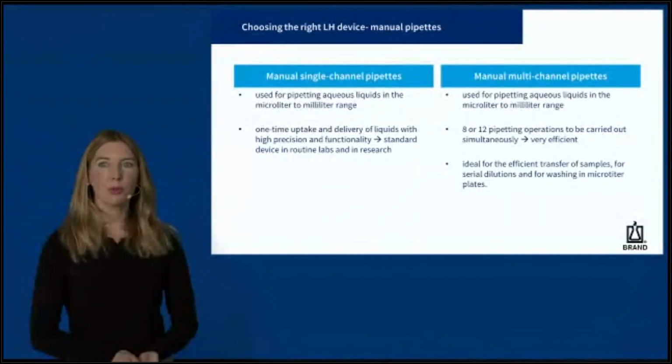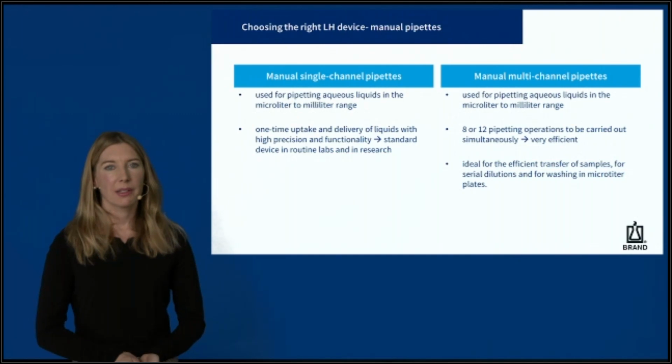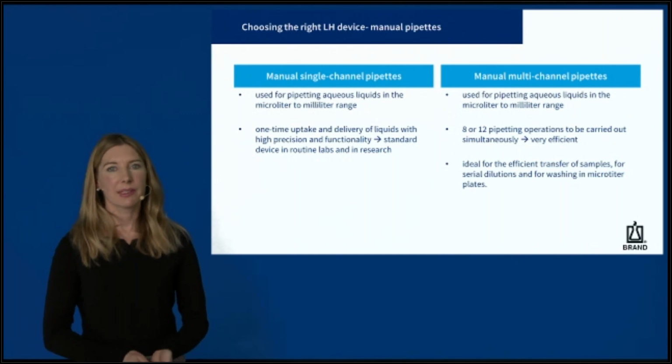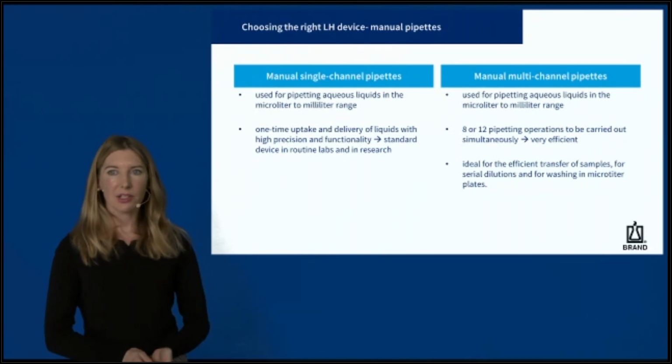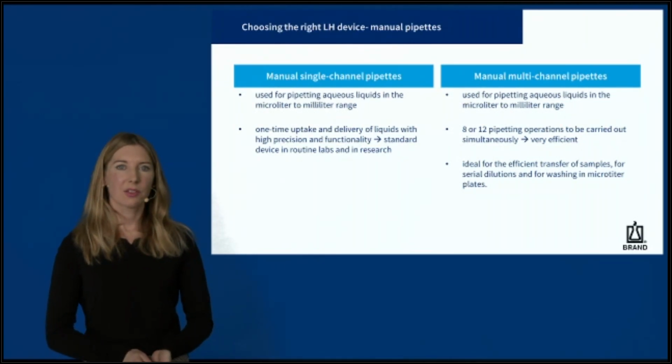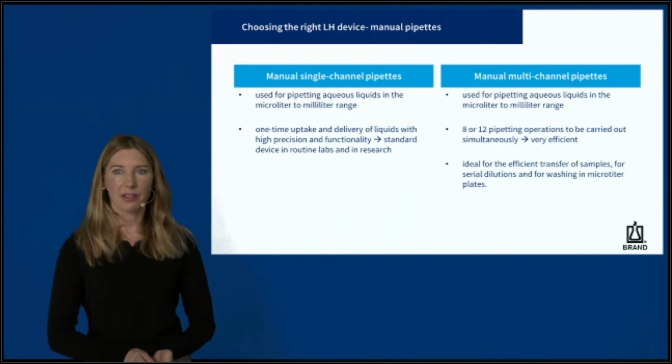Single-channel pipettes suit best to aqueous liquids in the microliter to milliliter range for small to medium sample sizes. But also when adding, for example, individual templates in wells of PCR plates, a single-channel pipette is the best choice, as it shows high precision and functionality and is therefore a standard device in routine labs and in research.